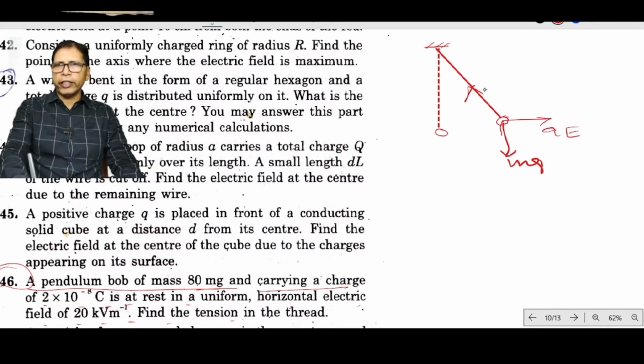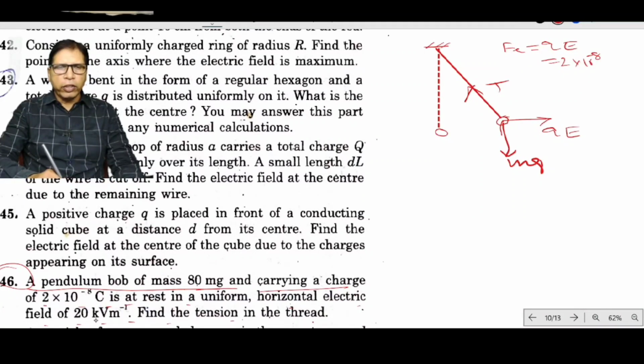We have to calculate the tension T. Now look at this, the electrical force Fe equals Q into E. 2 into 10 to the power minus 8 coulomb, and E is 20 into 10 to the power 3 volt per meter. So this is 4 into 10 to the power minus 4 Newton, the electrical force.